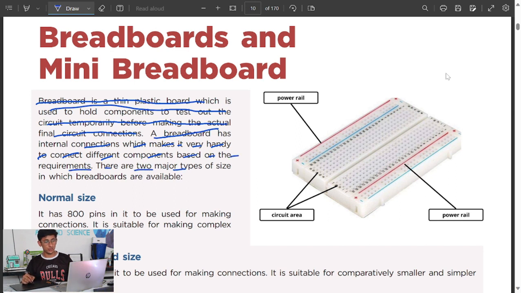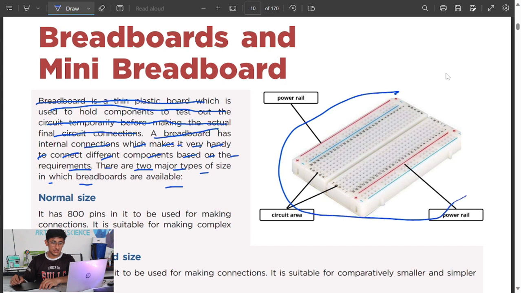There are two major sizes in which breadboards are available. This is the mini breadboard. Here we have two power rails, the positive rail and the negative rail. All these points are connected with each other, like this line.